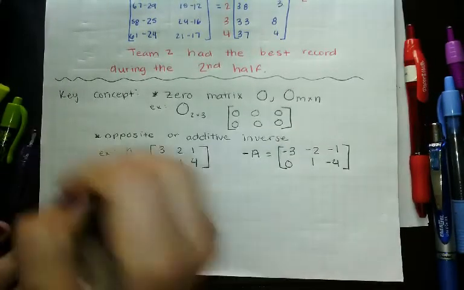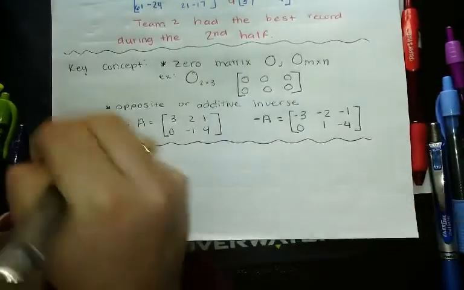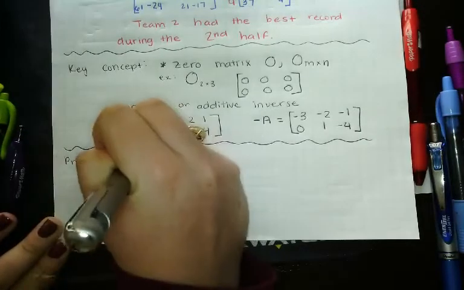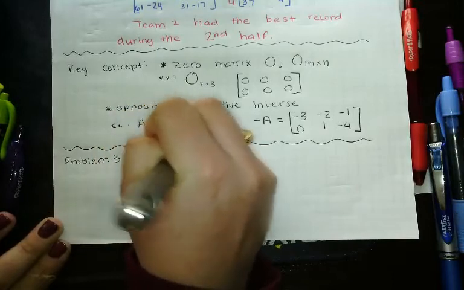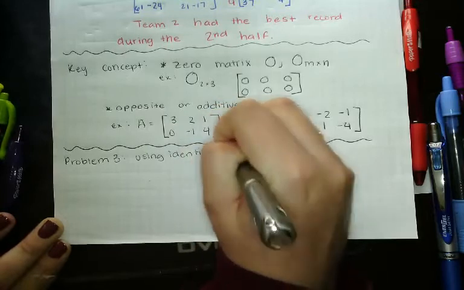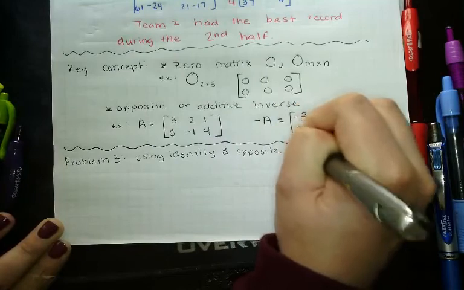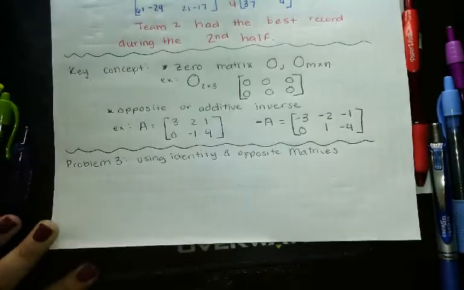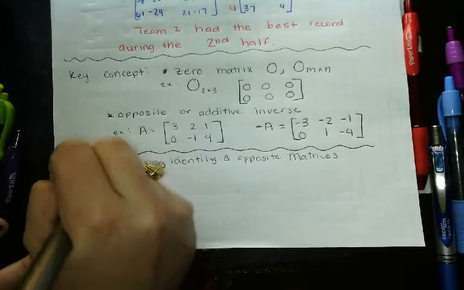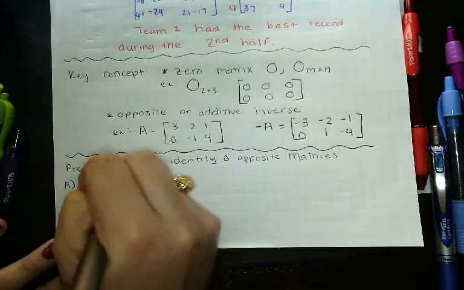So let's use them and do some examples here. Problem 3 is all about using identity and opposite matrices. For A, we're going to do 1, 2, 5, negative 7.